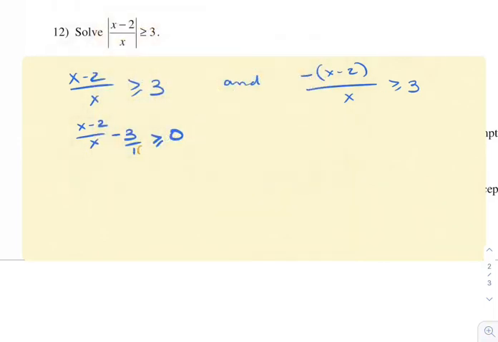So I'm going to have to incorporate an x here and an x here. So essentially it's going to become x minus 2 minus 3x all over x has got to be greater than or equal to 0. And when I add the like terms together, we're going to have negative 2x minus 2 over x greater than or equal to 0. And I can common factor that.